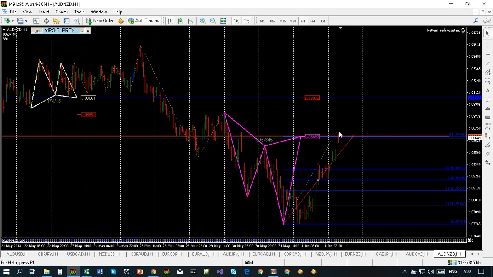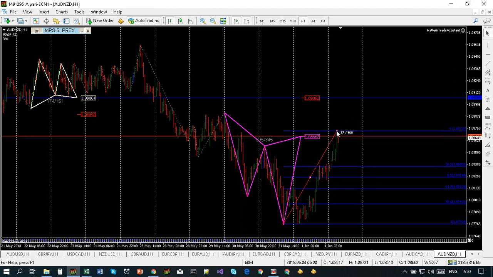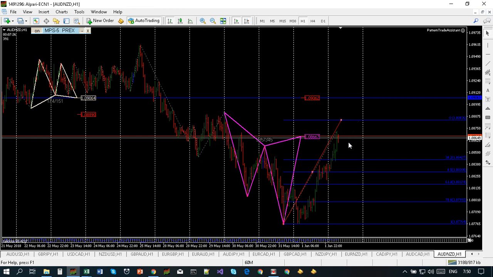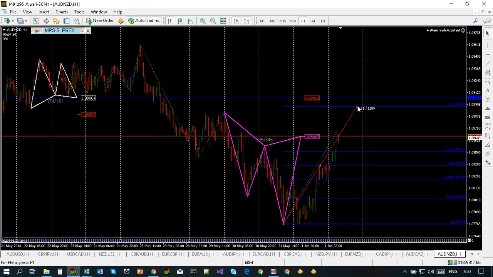Okay, so the rules of trade management say if price goes deeper, you need to adjust your Fibonacci. And if it goes even deeper, you need to adjust it more. If it goes even deeper, you need to adjust it more. And you should do this adjustment all the way to the upside until you finally hit the reversal.